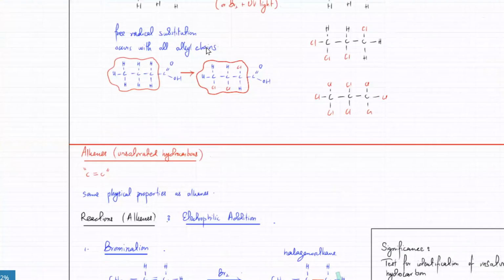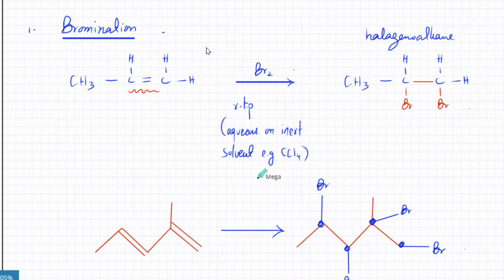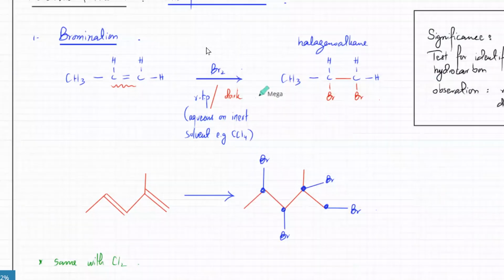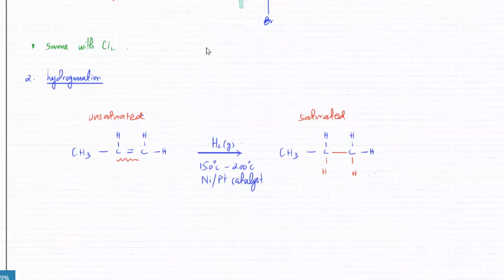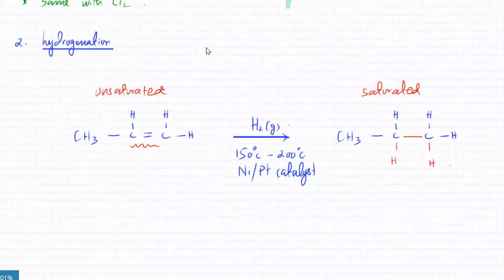And so it's RTP, and preferably you should write absence of light. This will happen in the dark. Is that clear?